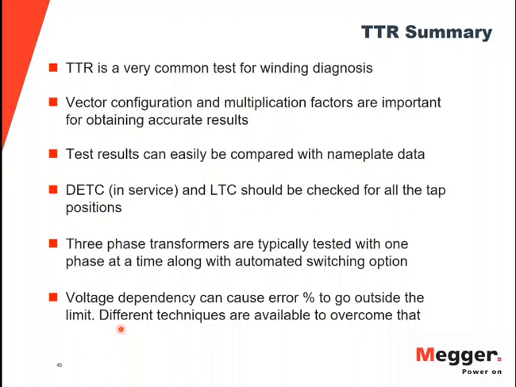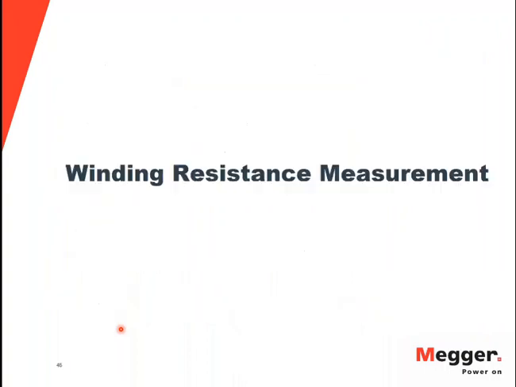If it's a maintenance test, then typically people test the in-service tap of the de-energized tap changer. Your three-phase transformers are typically tested one phase at a time, and then they do the automated switching to B and C phase. If you ever run into a voltage dependency where the percentage error may exceed 0.5%, it is recommended to try different things which we just discussed.